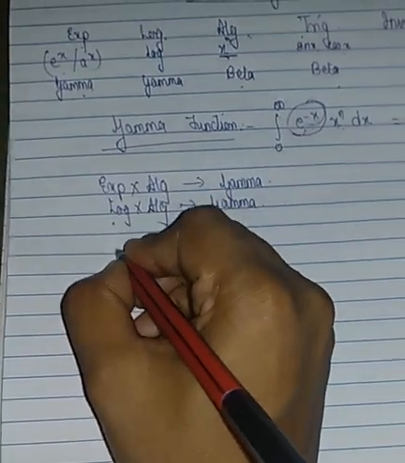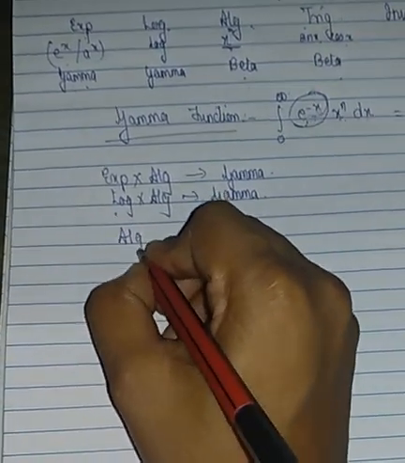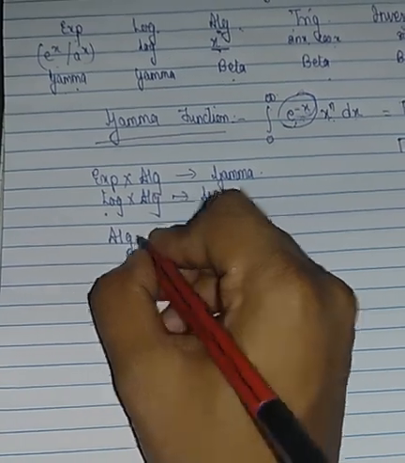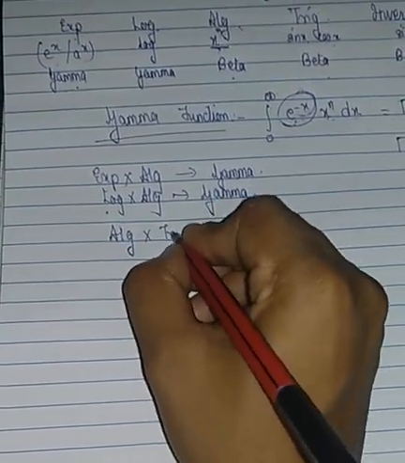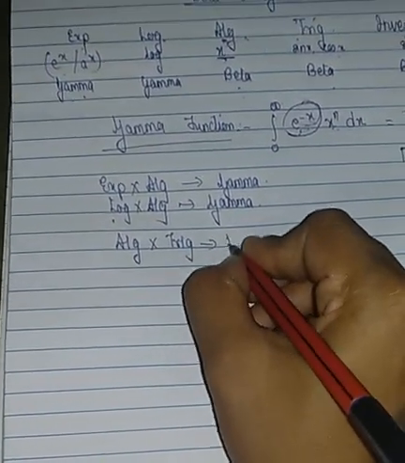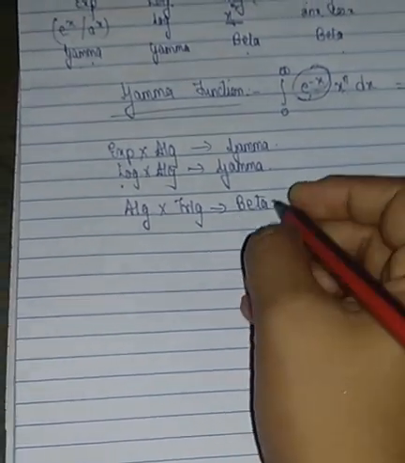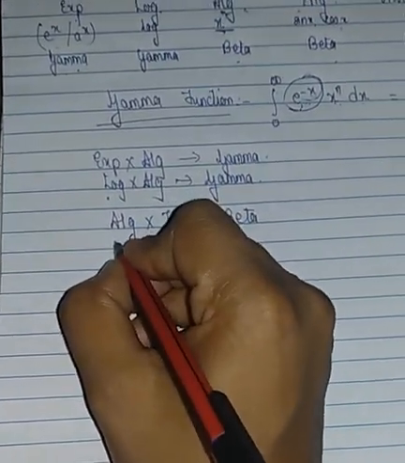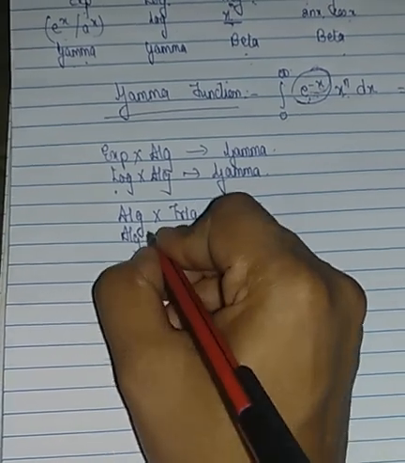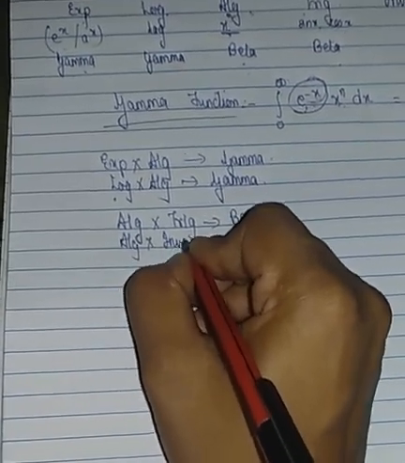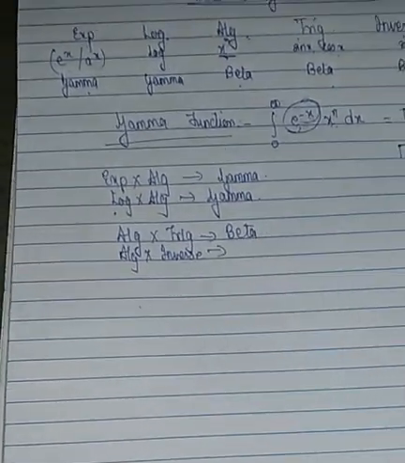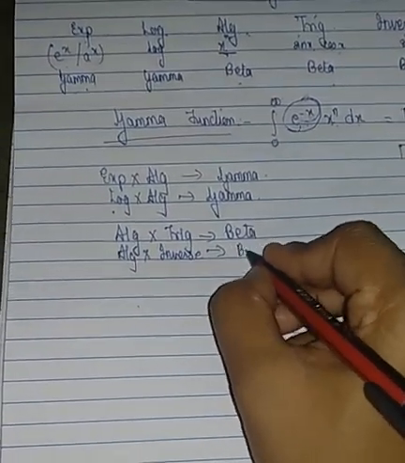Next, if it is exclusively algebraic, I have already said it is bound to give me a beta function. If it is algebraic into trigo, it is bound to give me beta. Similarly, if it is algebraic into inverse, where we have taken sine inverse, cos inverse, it's bound to give me beta.